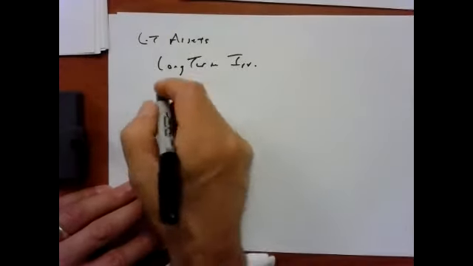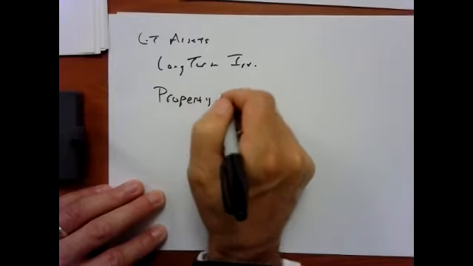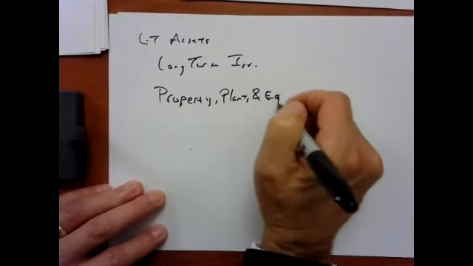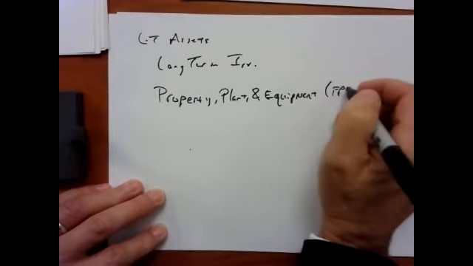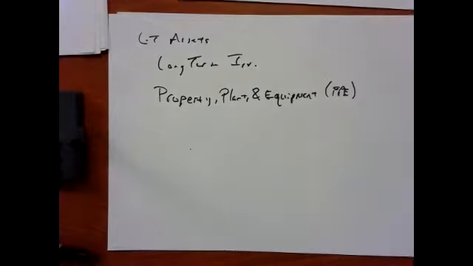The other most important thing is a category called property, plant, and equipment. I will refer to it as PPE. This is all of the physical stuff that an organization owns.